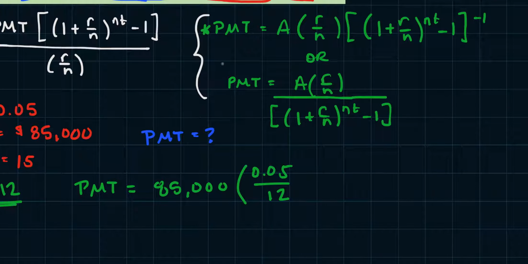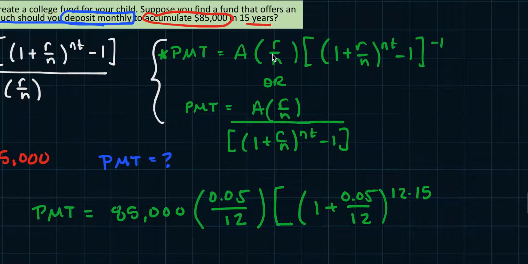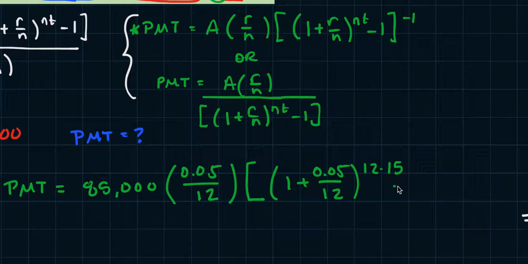So we're putting a 12 here. 1 plus 0.05 divided by 12, raised to the 12 times 15. That's not a 5, it's a 15, because the problem said 15 years. Subtract 1, raised to the negative 1.